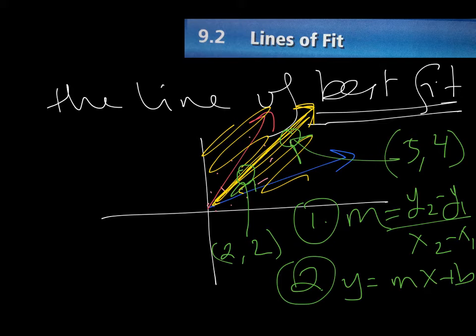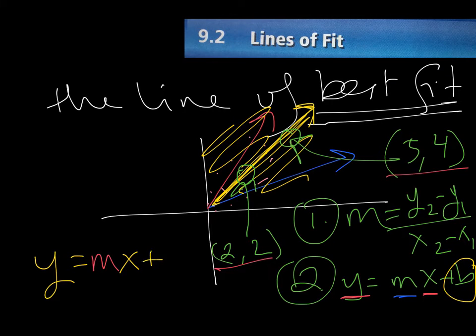We would plug in m and then one of these coordinate points, and then you would solve for b, and then you rewrite that as y equals mx plus b, right? So you fill in the m and the b, and there would be your equation for the line of best fit. So let's look at an example.